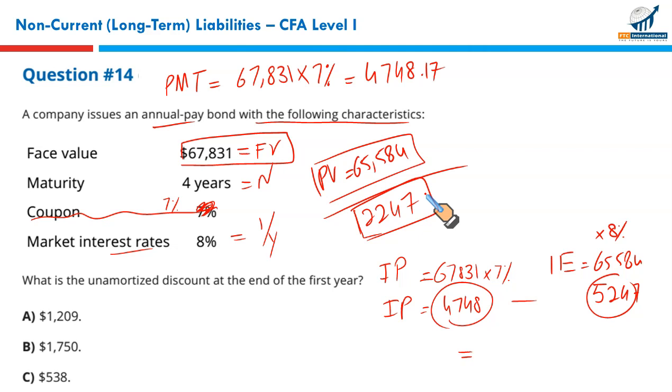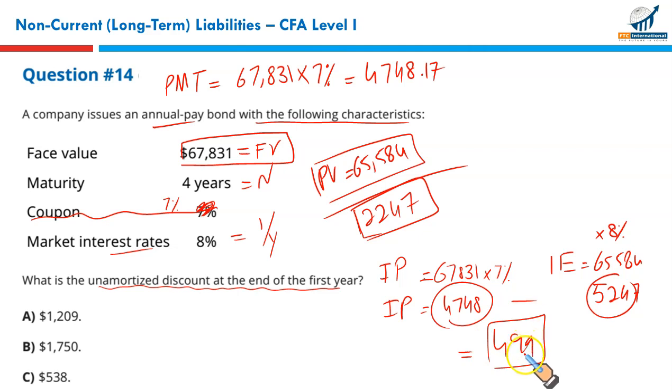It's 499. It means out of the 2247, the total discount on the bond, 499 has been amortized over the period, right? So we need to give him the unamortized discount at the end of the first year. This is the total discount out of which this has been amortized. What does amortize mean?